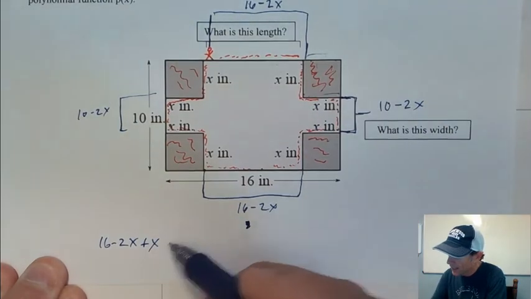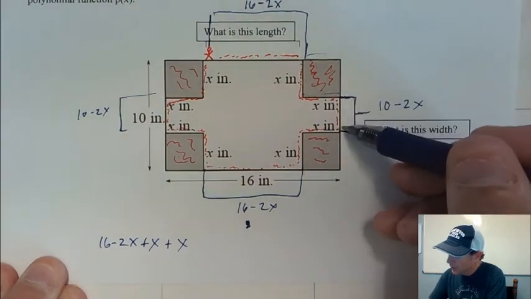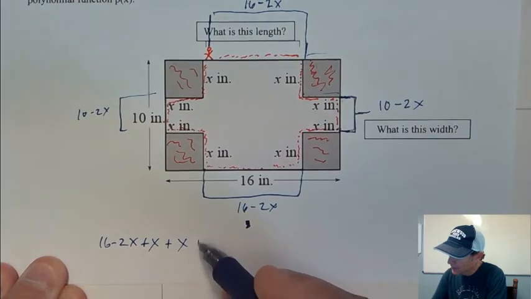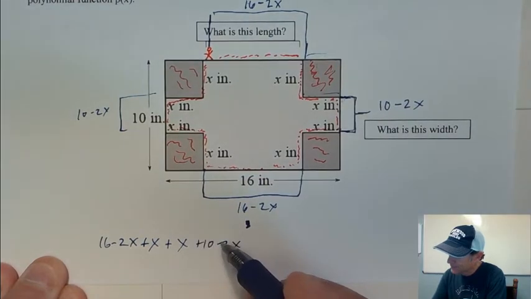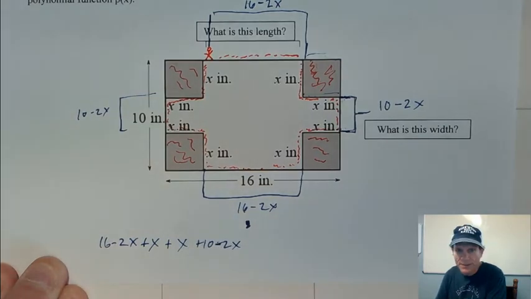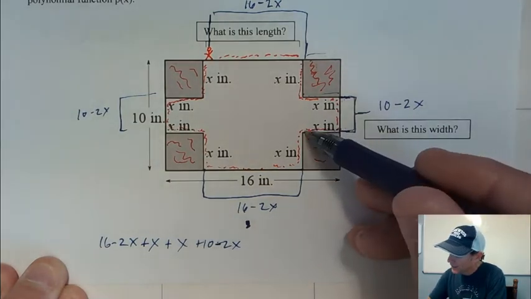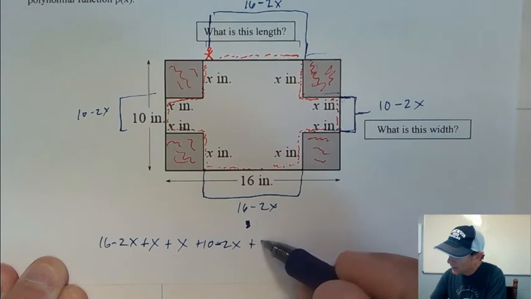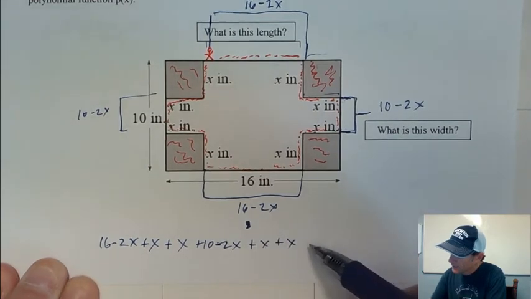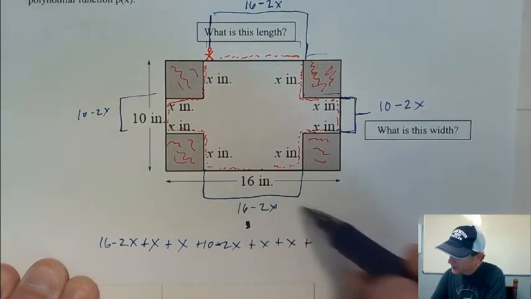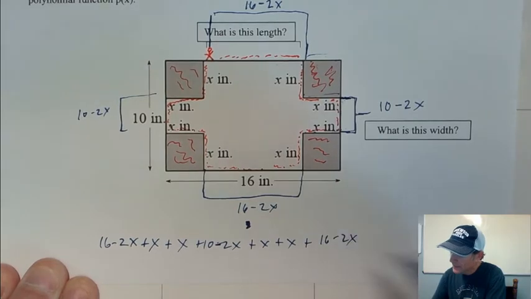Then I'm walking x. Then I'm walking here, which is 10 minus 2x. Then I'm walking here and here, so I have plus x plus x. Then I have plus 16 minus 2x, and you can see this is kind of getting long here.